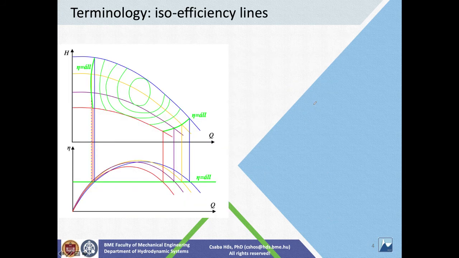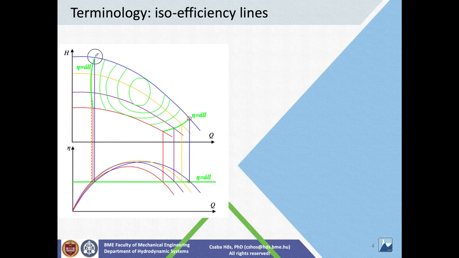Another important bit is the so-called ISO efficiency lines. Take, for instance, this pipeline pump curve. You have here pump curves at different revolution numbers: the blue, the yellow, the purple, and the red. And you have the efficiency curves. Say this is an efficiency of 80%, and this efficiency belongs to this point.